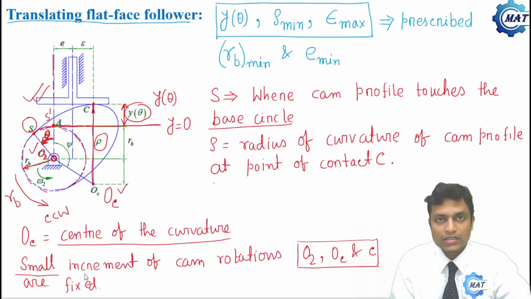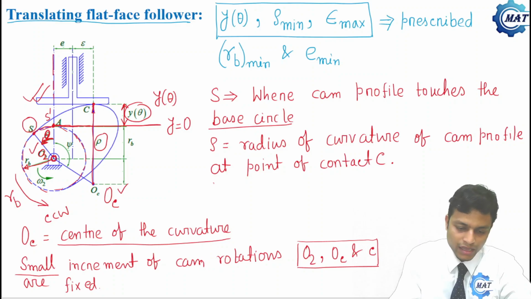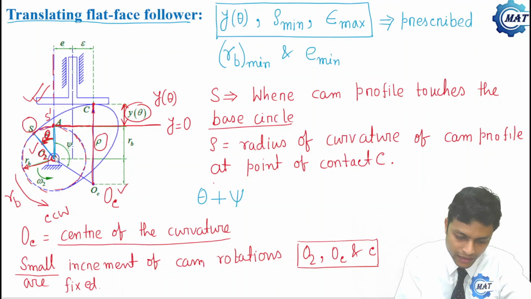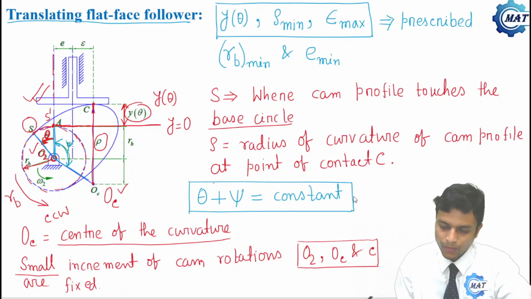As these three points are fixed, we can say this angle is theta, the cam rotation, plus psi. This angle is psi. So theta plus psi is constant for small increments of cam rotation.